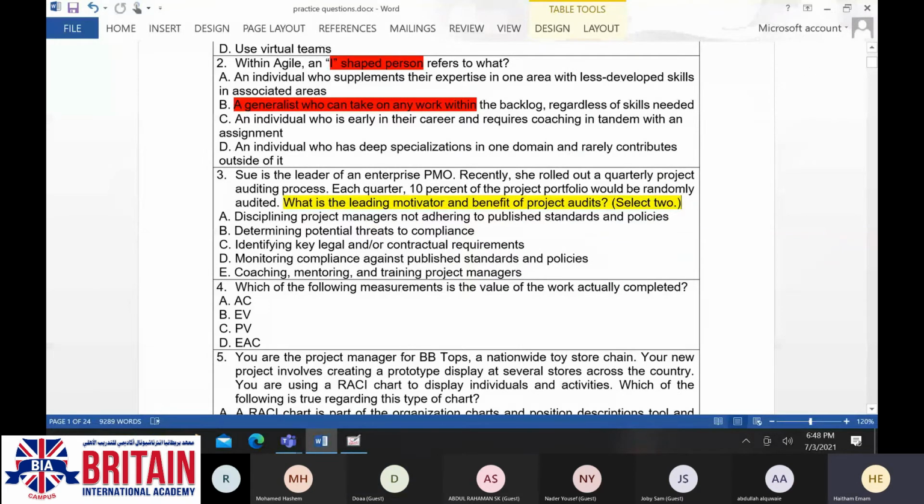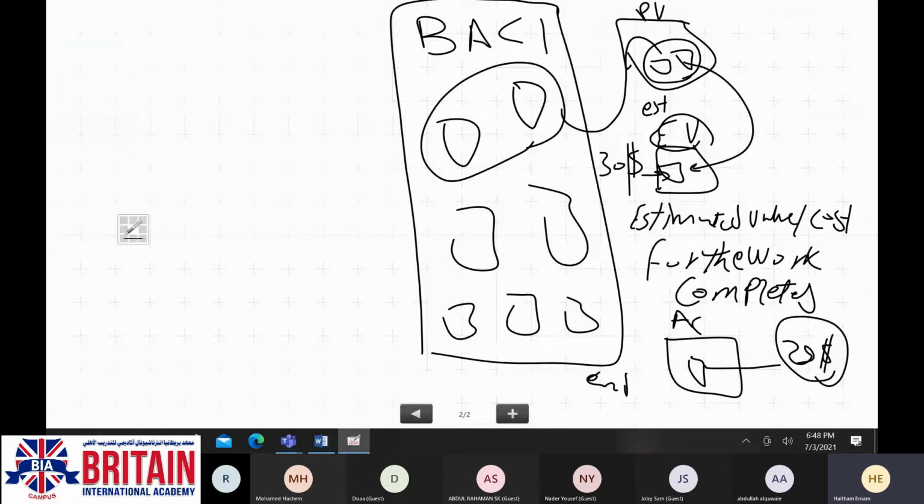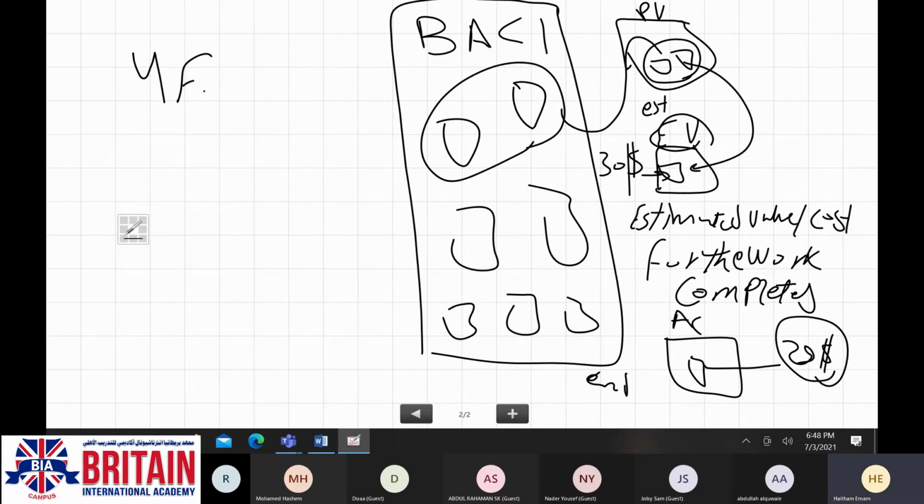And estimate at completion, what is it? It is based on a certain performance, based on certain calculations. If you go back to the last session, you are going to find like an hour and a half only describing this part. When you check your performance, based on certain assumptions and scenarios, we have 4 formulas for estimating the budget at the end of the project, which is called estimate at completion.